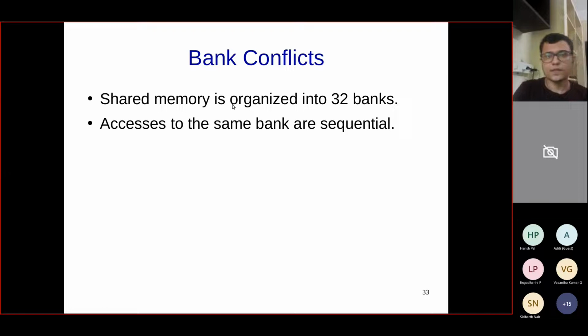Then we saw that the shared memory is composed of banks, and typically shared memory is organized into a set of 32 banks. And if two warp threads try to access the same bank, then their requests are served sequentially, one after another.